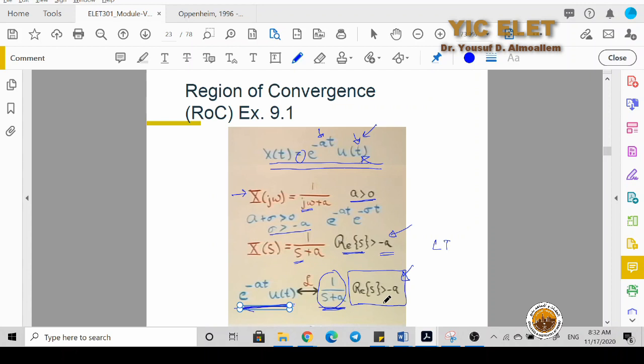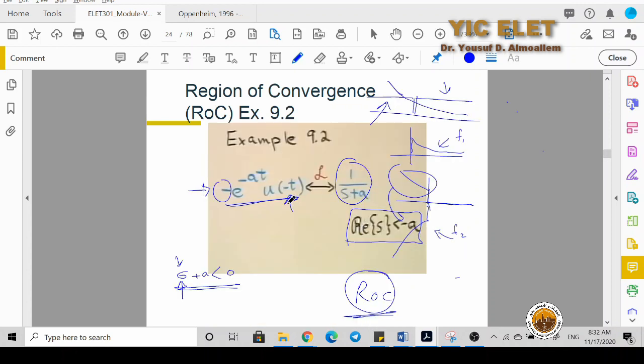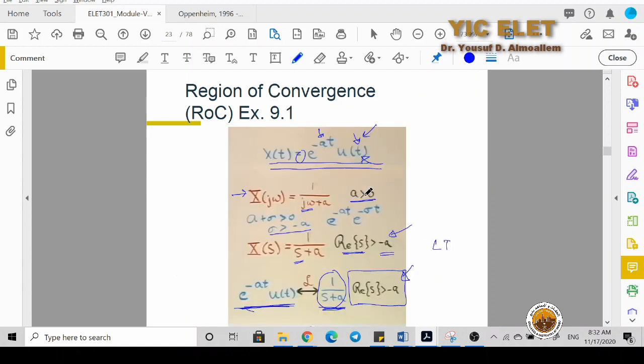Okay, so we took two examples, this first example and this second example. When you solve both examples, you get the same result, 1 over s plus a. The Laplace transform is exactly the same. What is different is only the region of convergence.